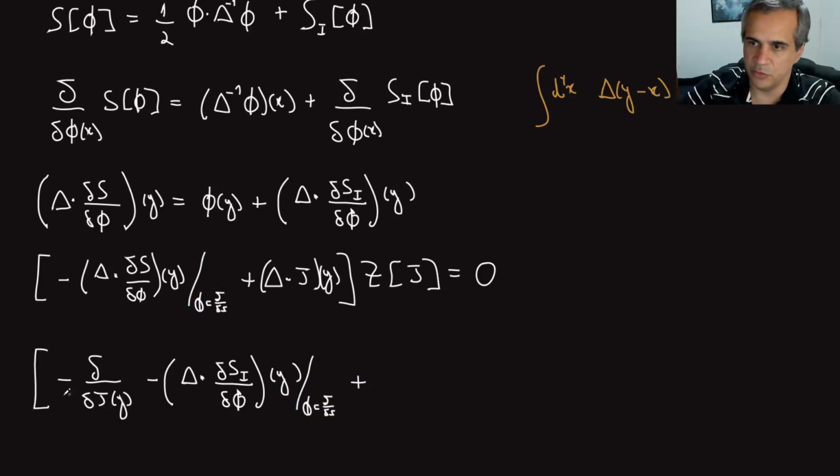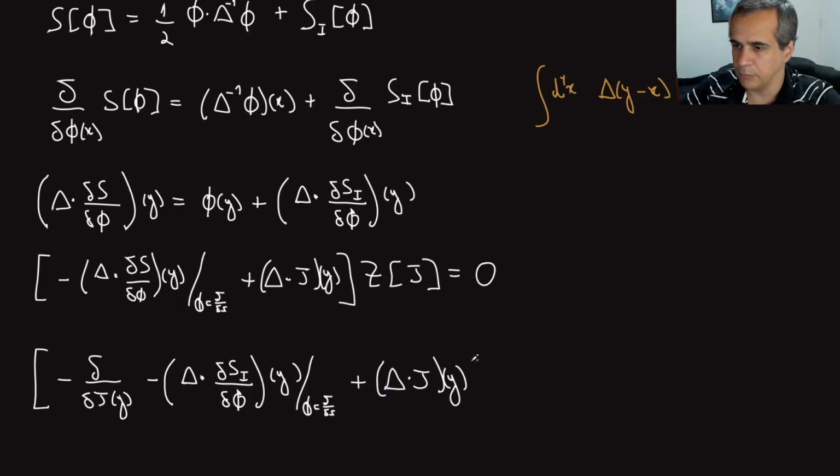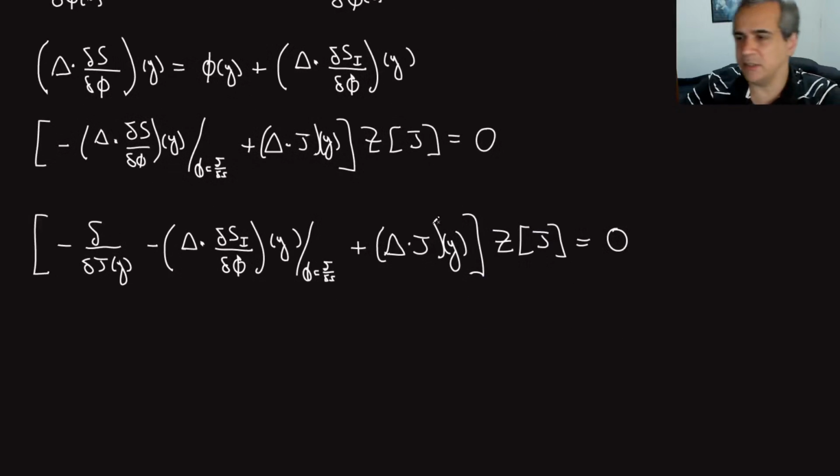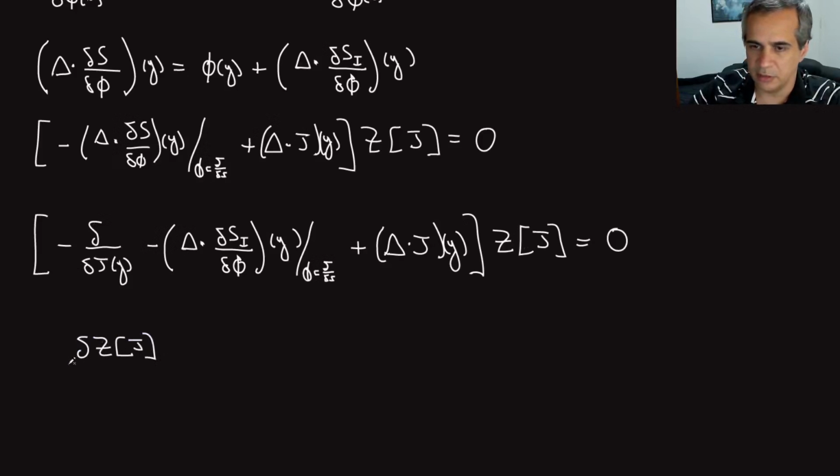So these two are just coming from here, and now delta j of y acting on Z of j is 0. Let me reorganize this and also replace this variable y for x, just to keep it in line with my notes. So this part acting on j, I'll go to the other side of the equality. This will be just del Z over del j of x equal, and then all these things.